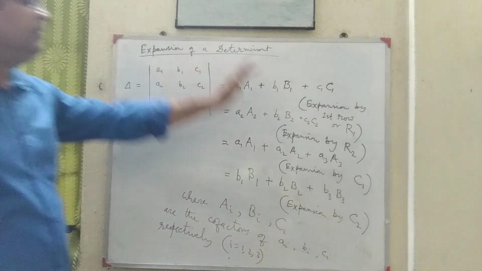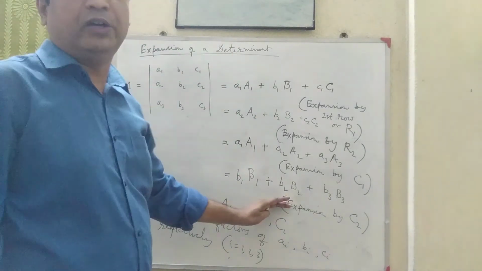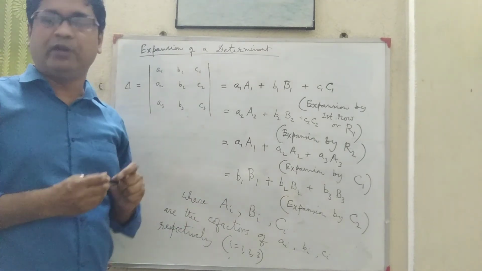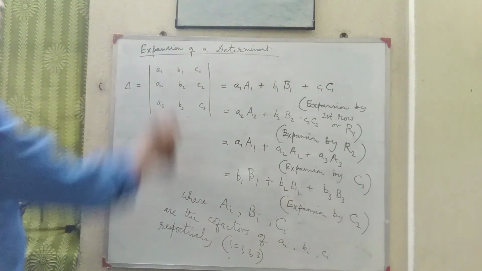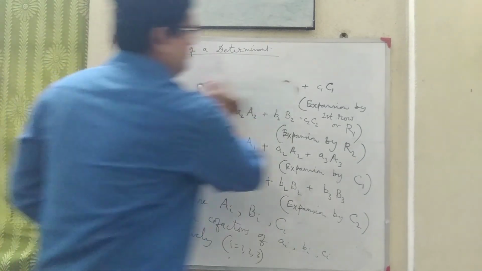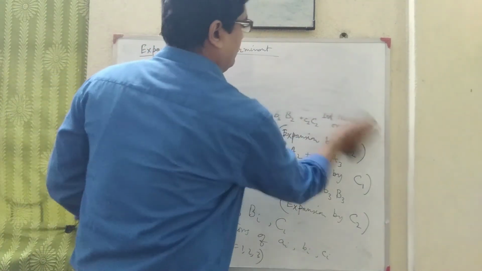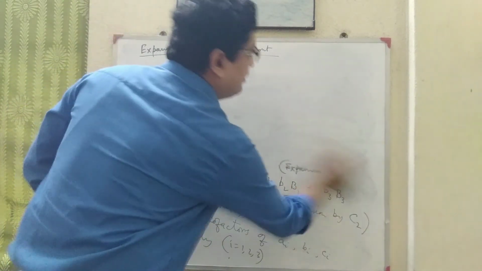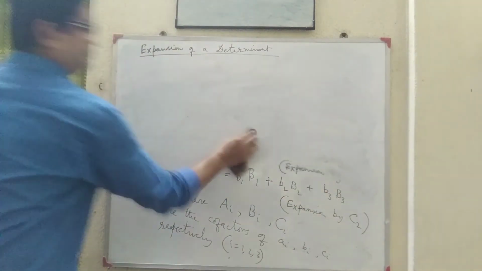So capital A_i, capital B_i, capital C_i are the corresponding cofactors of small a_i, small b_i, small c_i. This we have to remember to expand a third order determinant. So let's give an example. The concept will be clear if we give examples.